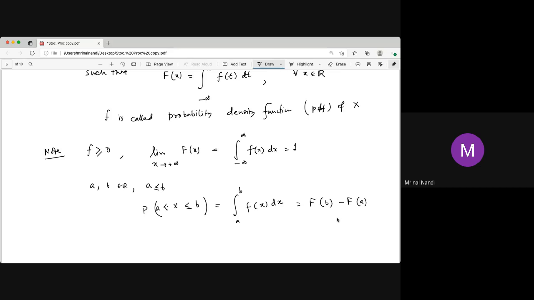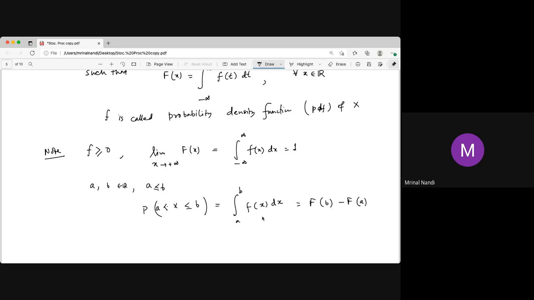If B is any Borel set, then it can be written as the union, intersection, and complement of countable limits of such half open, half closed intervals. So we can find the probability of any Borel set using this. If I know the density function, we can find the distribution function.